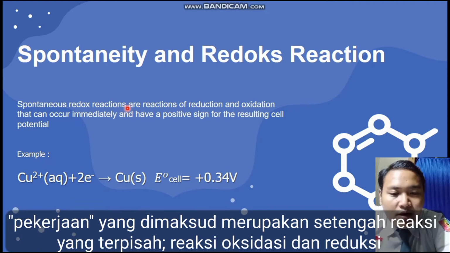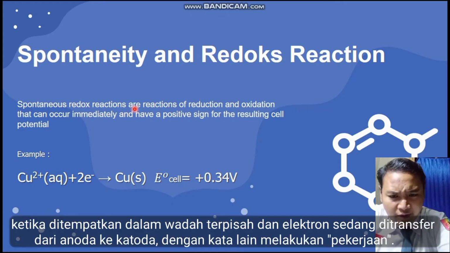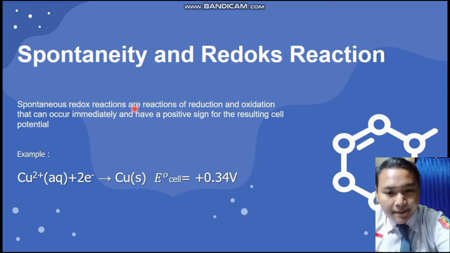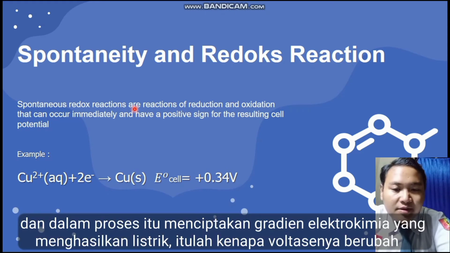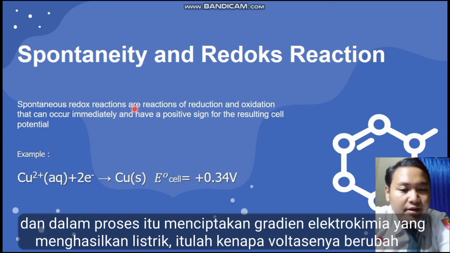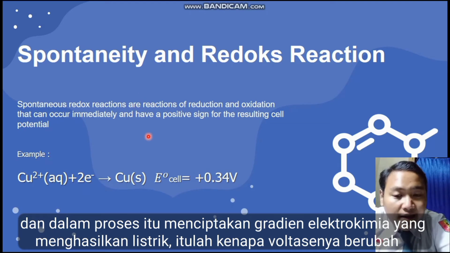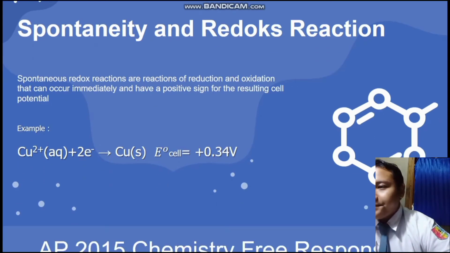The work that you are referring to may be the separated half reactions, oxidation and reduction reactions. When these are put in separate containers and electrons are being transferred from anode to cathode, in other words, doing work, and in the process creating an electrochemical gradient that is generating electricity, which is why the voltage changes.